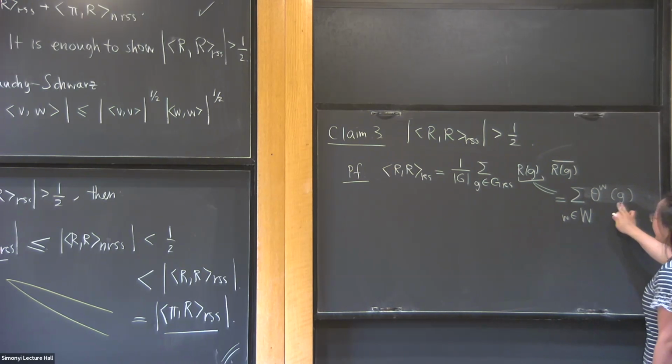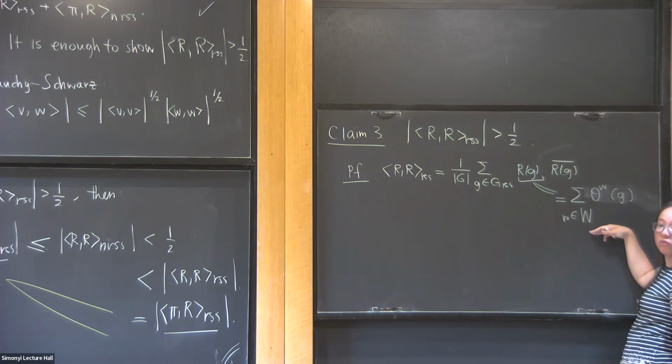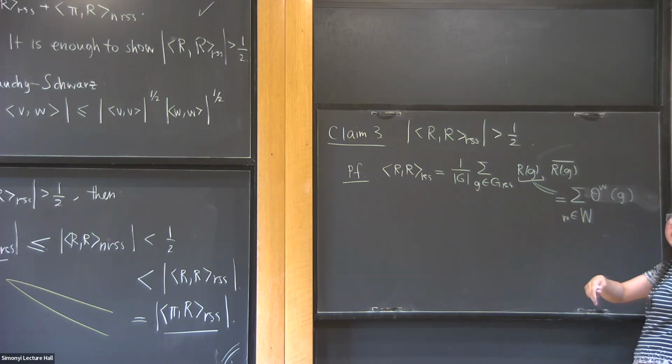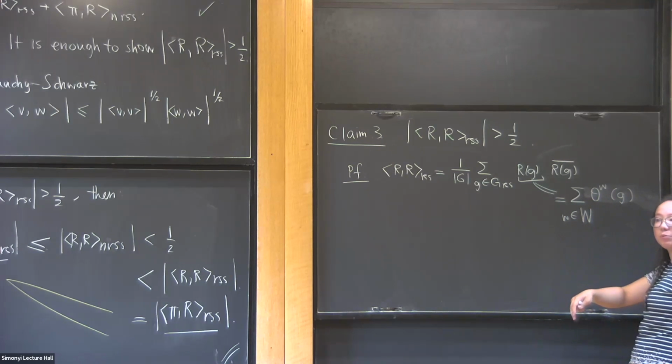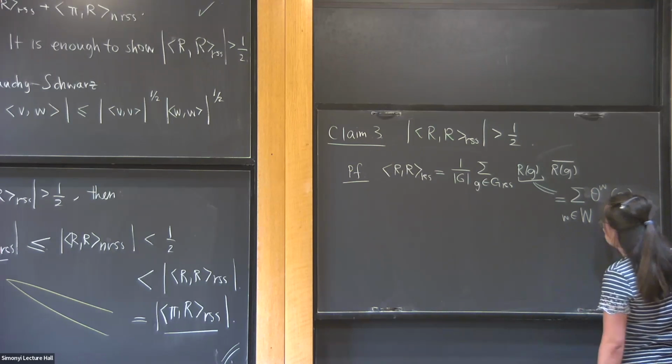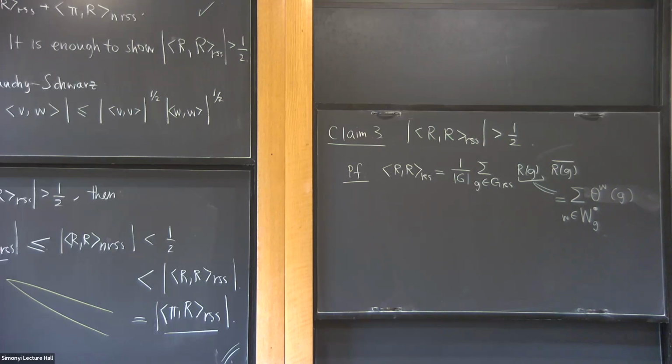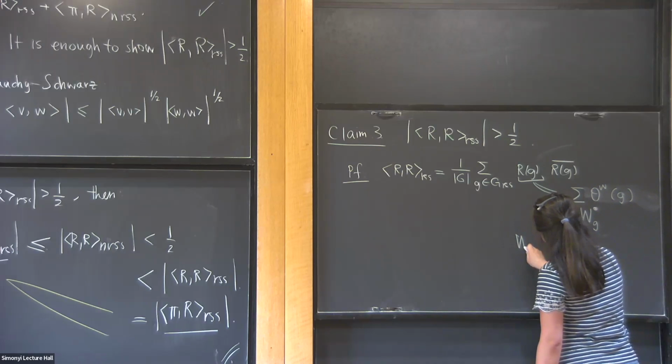But now this expression doesn't capture that sometimes this number is 0 and sometimes it's not 0. It just depends on whether G can be conjugated into T or into T prime. So I'm going to write something a little bit funny here, a notation.